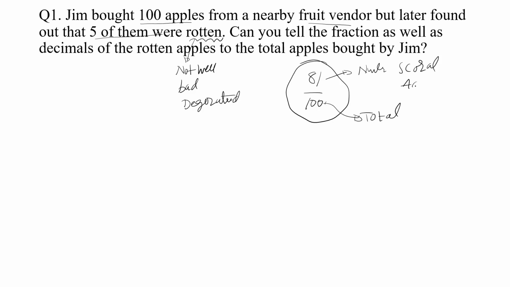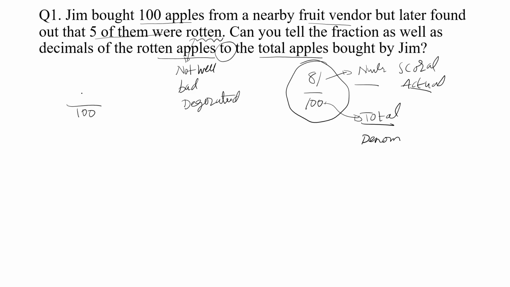So actual and total, numerator and denominator. Now the total apples are 100, and the ratio is of rotten apples to the total apples.